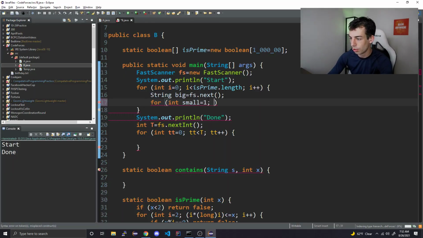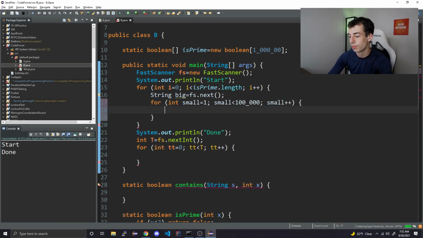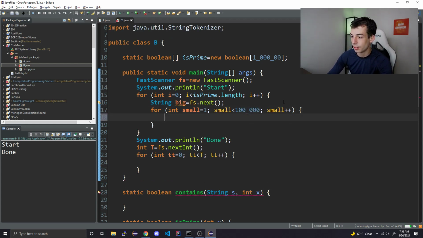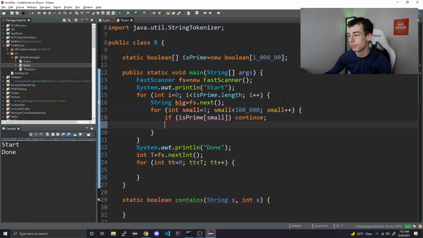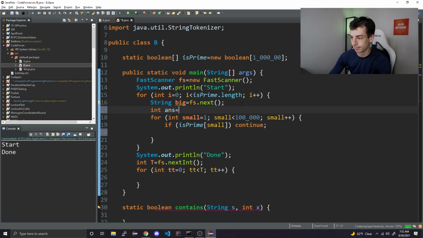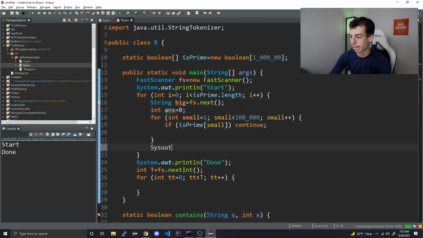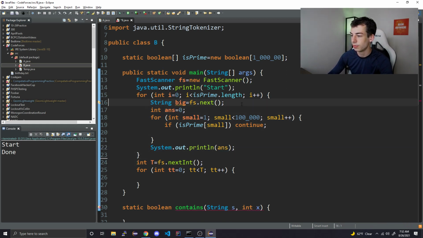So small equals 1, small is less than 10 to the 5th, small plus plus. If not contains big, well, I guess if is prime small, continue. Oh, this needs to be not here.